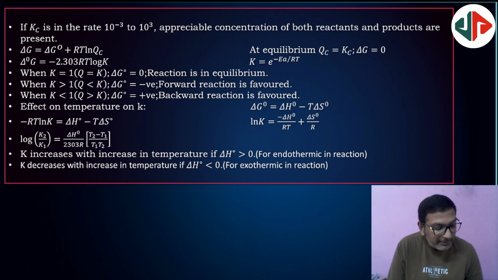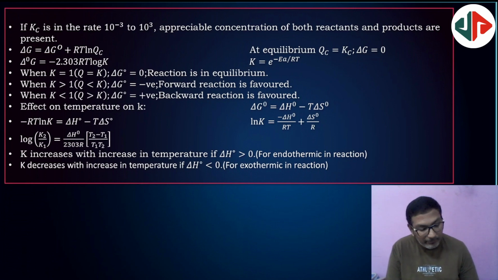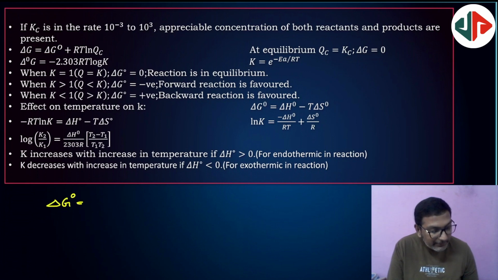Next, the relation between reaction quotient and change in free energy. Delta G equals delta G naught plus RT ln Qc, where Q is the reaction quotient. But at equilibrium, delta G is 0, then Qc equals Kc. So I will write here delta G naught equals minus RT ln K equilibrium, where ln means base e.